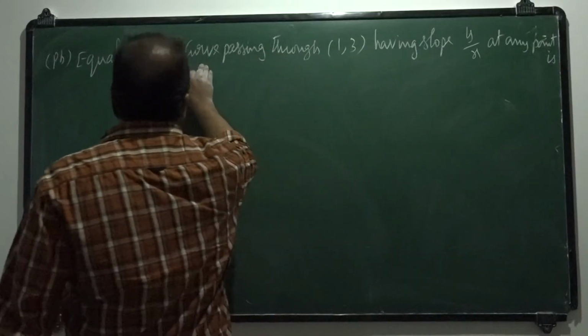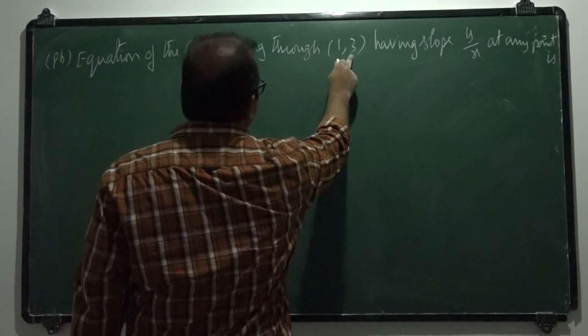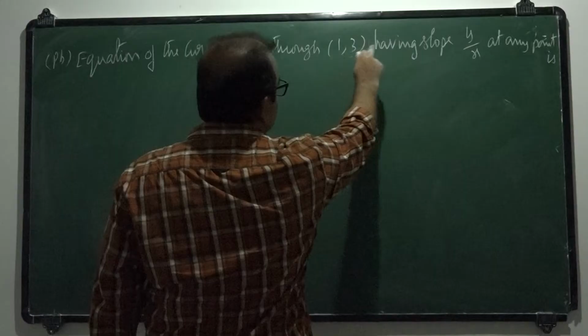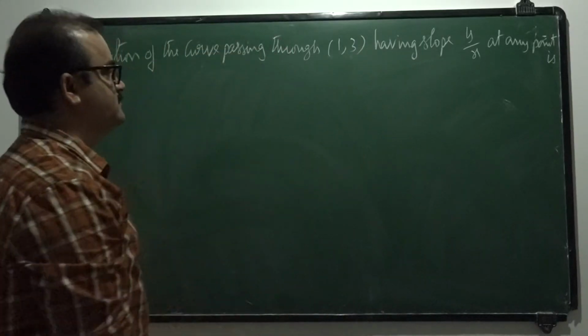We find the equation of the curve passing through the point 1 comma 3 having the slope y by x.